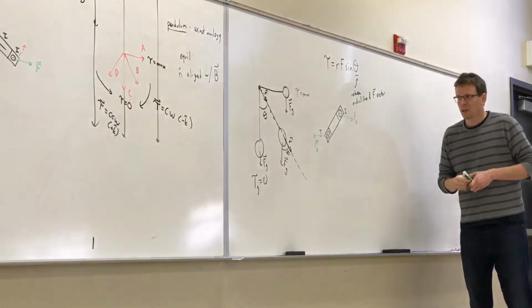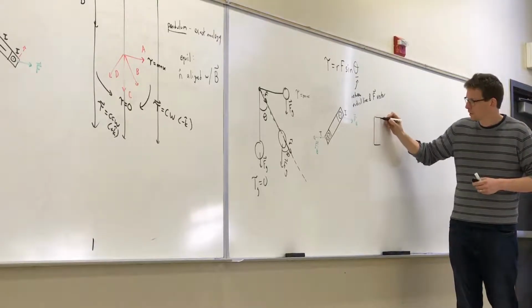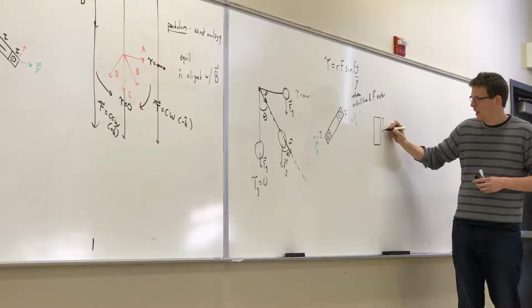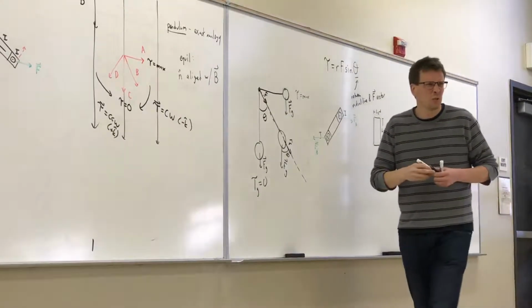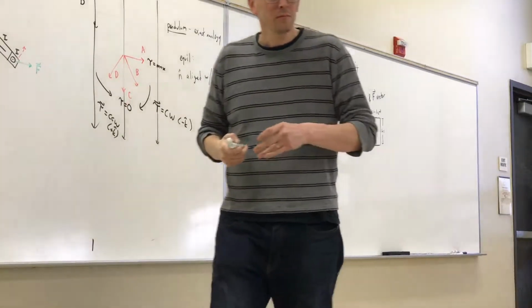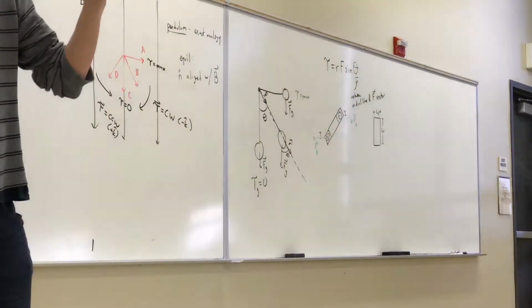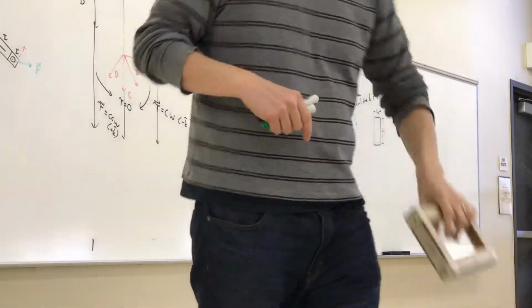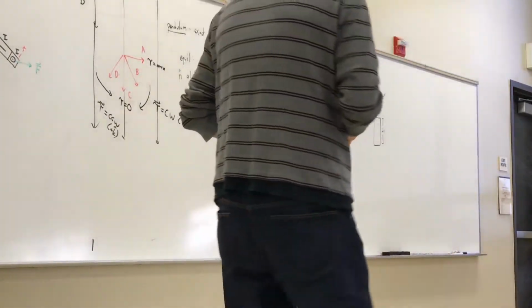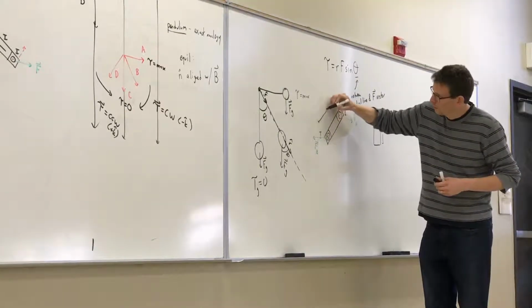I should tell you that this loop that I'm using is going to have dimensions of L1 and L2. So I'm going to assume it's a rectangular loop, just like this one, okay? And let's say we're looking edge on at L2. It doesn't really matter. So this is L2.